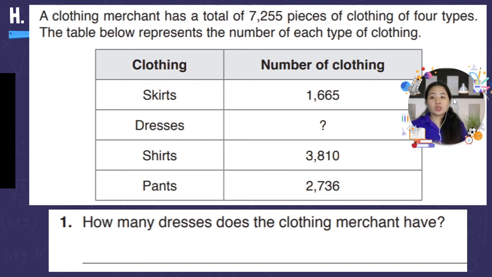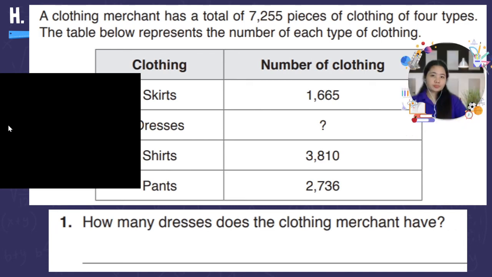Again, a clothing merchant has a total of 7,255 pieces of clothing of 4 types. The table below represents the number of each type of clothing.